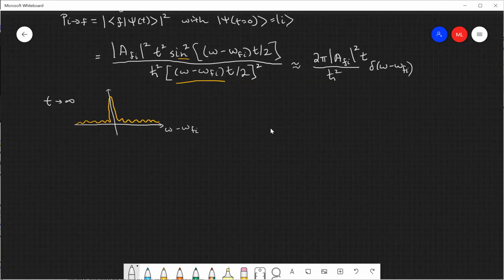So you want to calculate a transition rate, gamma. You take your probability of transitioning from i to f and divide it by the time.